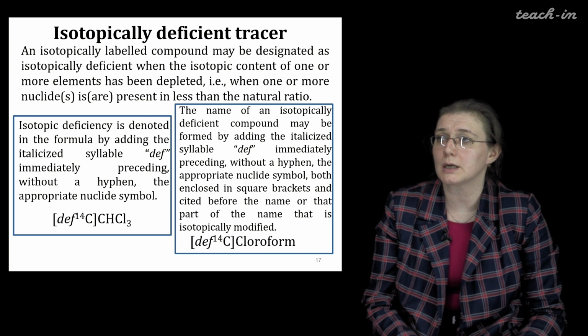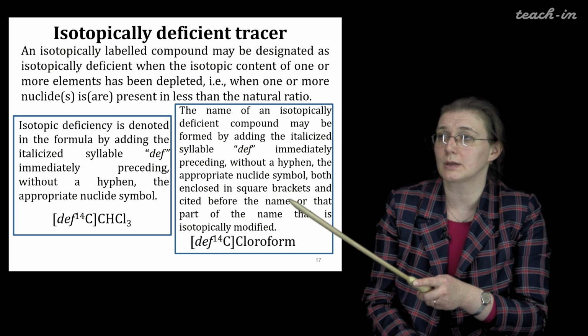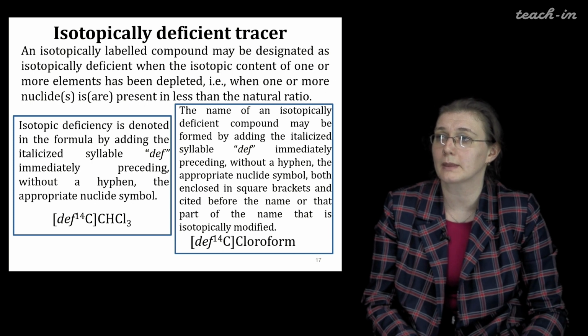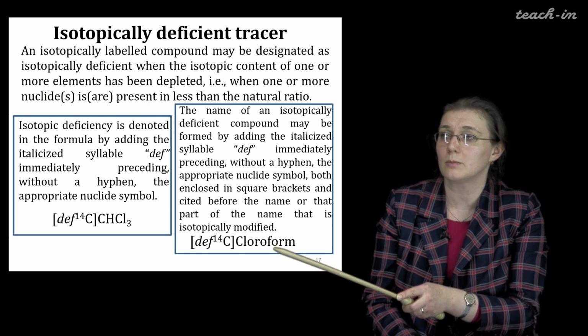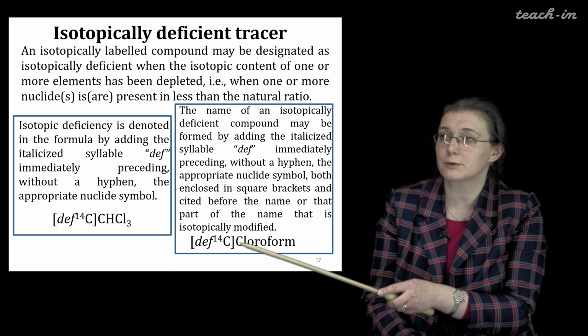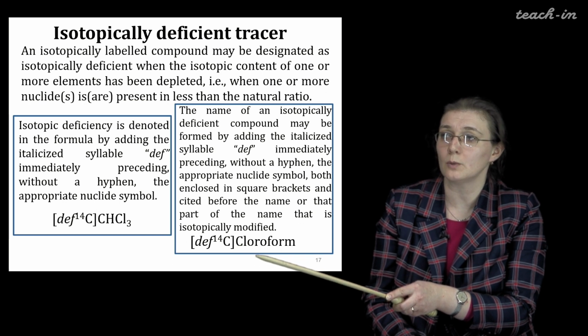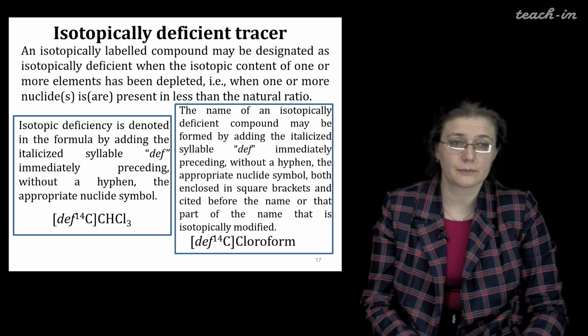The name of an isotopically deficient compound may be formed by adding the symbol def immediately preceding, without a hyphen, the name of the molecule, again def C14 chloroform, which is written directly here.